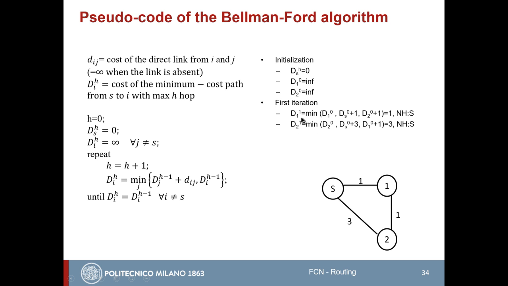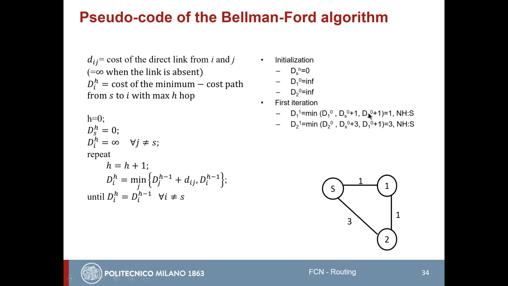If you take, for example, node 1, you have to compare the previous value of the cost, that in this case is infinite, with just two other values: the distance of S at the previous step, plus the link, which is 1, and the distance of node 2 plus the link, which is 1.